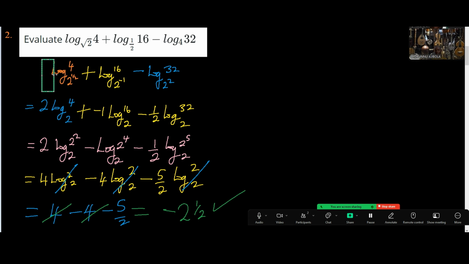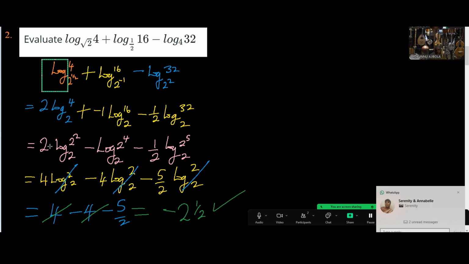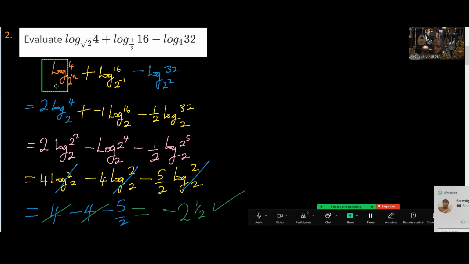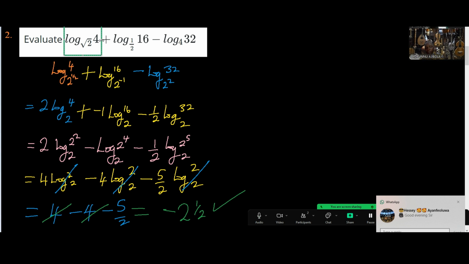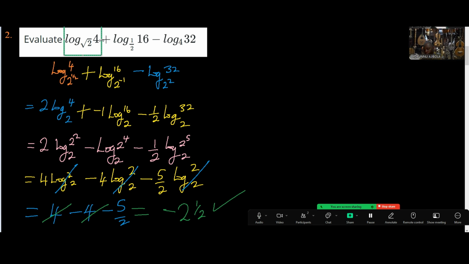Let's just mention it a little bit from the beginning. We have log 4 base square root 2, and the other one, log 16 base half. Is that clear?